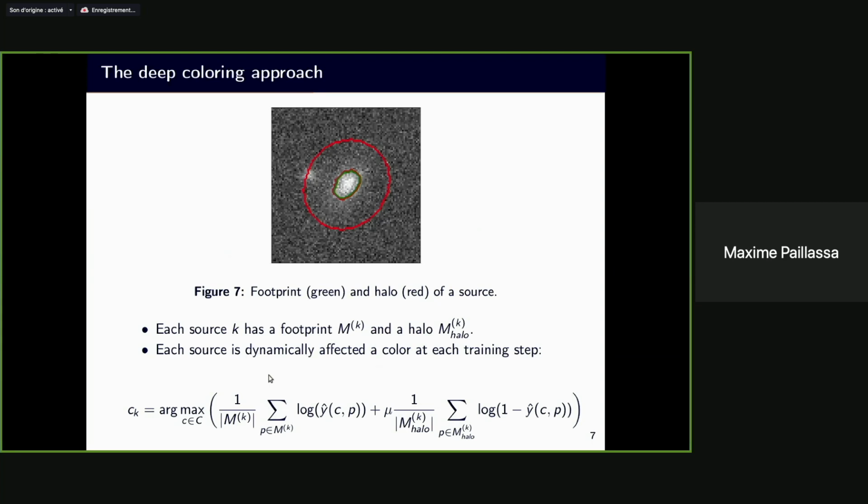We assign a color to each object at training according to the following criterion, which basically means that with this first term, we want all the footprint pixels flagged in a given color, and at the same time we want all the halo pixels not flagged in this color, which forces the network to flag other close objects that would lie in the halo in another color. So this is how we can separate objects in different output maps.